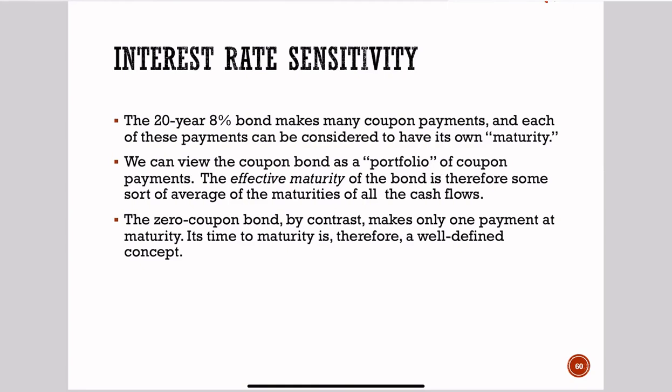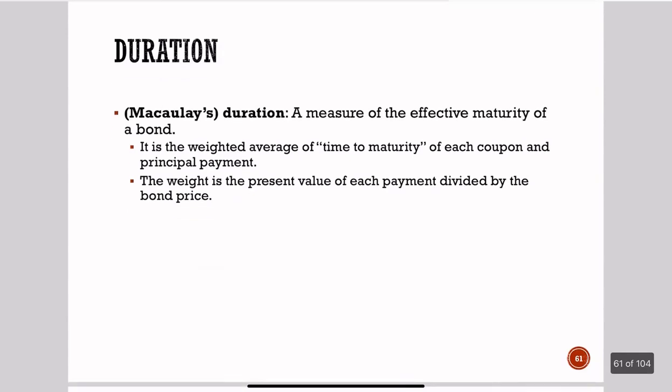So the effective maturity of the bond should be the average of the maturities of these coupon payments, right? And for the zero coupon bond, it makes only one payment on its maturity date. So its effective maturity is essentially its defined maturity, right? So this leads us to define duration.